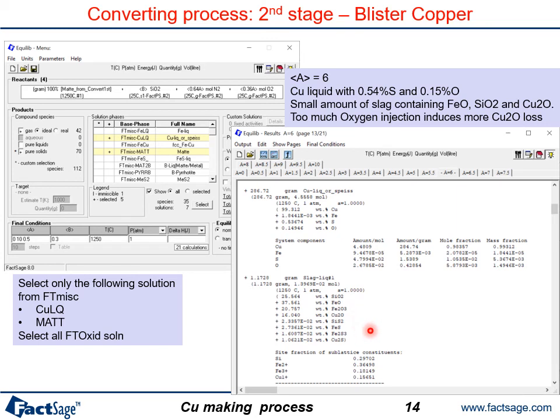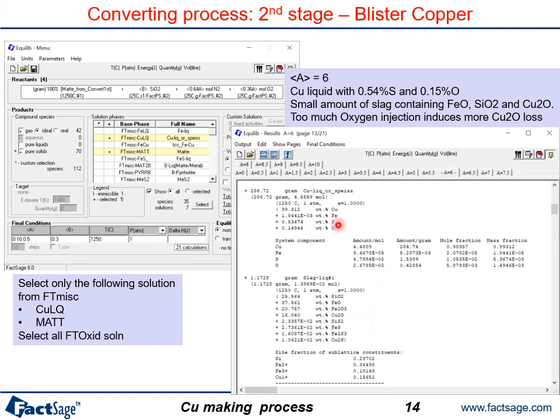Typically, when you have a copper concentration higher than 1% in your slag, then you collect the slag and recycle it back, because this is a more highly concentrated source of copper than the original mineral. So it's better to recycle it back into the smelting process.